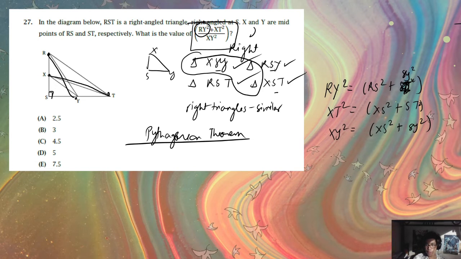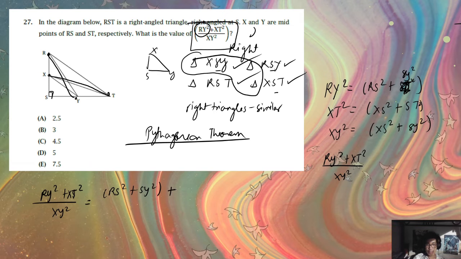So therefore, we're going to put here RY squared plus XT squared all over XY squared. So the value of RY squared is RS squared plus SY squared.